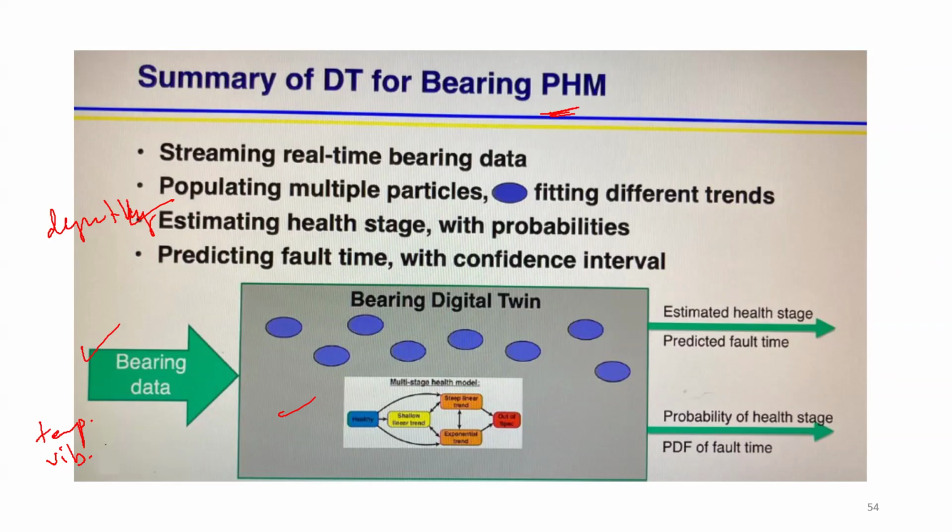These are important: we not only predict something, we also need to calculate the probabilities. Prediction has no meaning, in fact, if you don't have the proper probabilities along with that. Most importantly, it predicts the fault time, giving not just a single estimate, but a confidence interval, which is crucial.